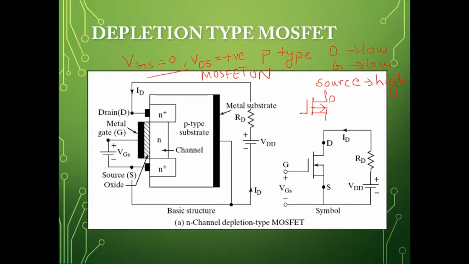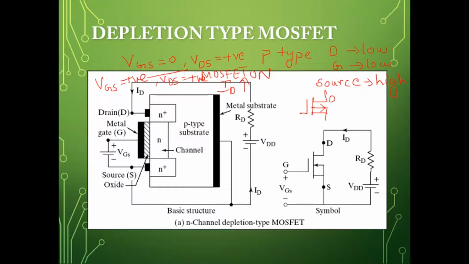This is the special feature of depletion type MOSFET. Now, what happens if we make VGS positive? If VGS is made positive, VDS also positive, then the drain current is going to increase. Okay, the drain current will increase if VGS is positive and VDS is also positive.